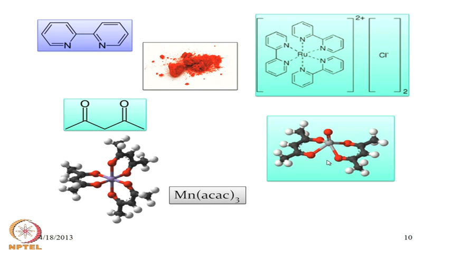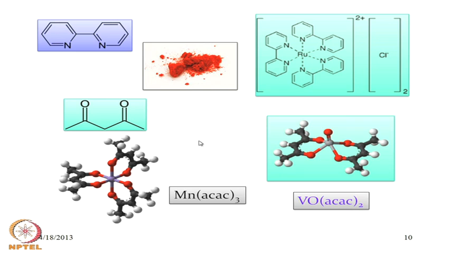Similarly, it can stabilize the vanadium oxo center, the vanadyl center, by binding in a different geometry, a square pyramidal geometry, which is VO(acac)2. So, the acetylacetone ligand is present with manganese as the tris compound in octahedral geometry, and in the vanadyl system as VO(acac)2 in square pyramidal geometry.